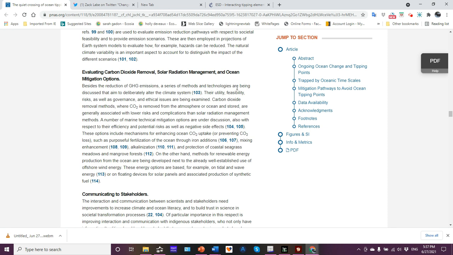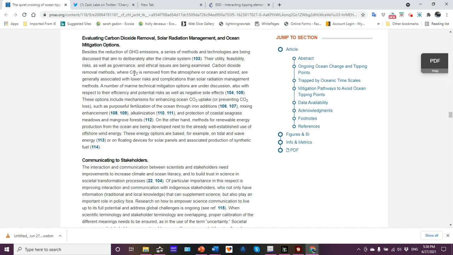And there's a whole bunch of methods and technologies being used to aim to deliberately alter the climate system. Translation, geoengineering. Most of you know, I think geoengineering schemes are not practical. They certainly do not give you the desired results, and often there are unforeseen complications not considered, and that can basically bite you in the ass.